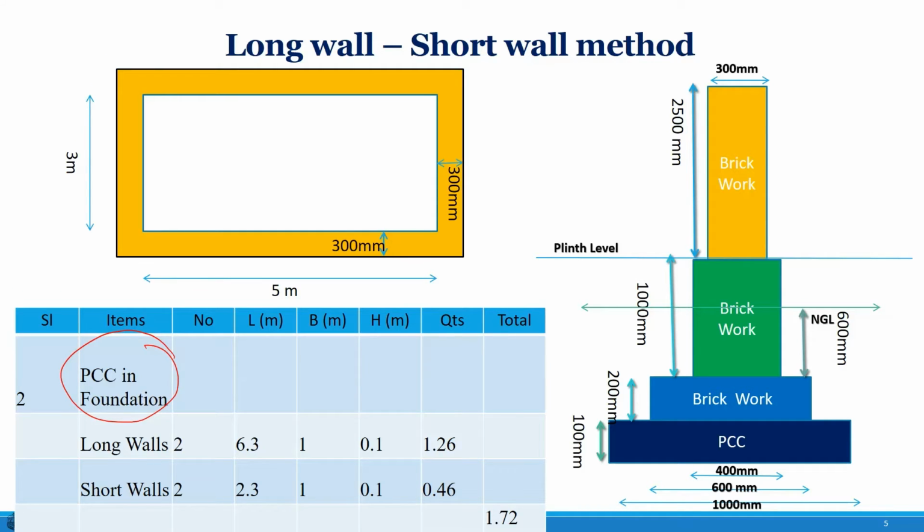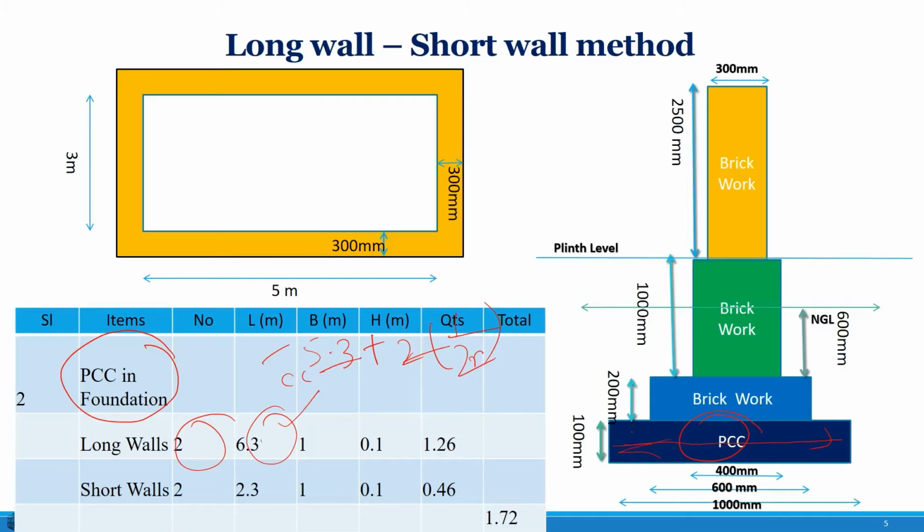So how to calculate PCC in foundation? We want to evaluate how much quantity we need to execute for this plain cement concrete. Again, you have two long walls. The length of the long wall is 5.3 meter center to center, plus 2 times half of the component width, that is 1 meter divided by 2, so it is coming to 6.3 meter.